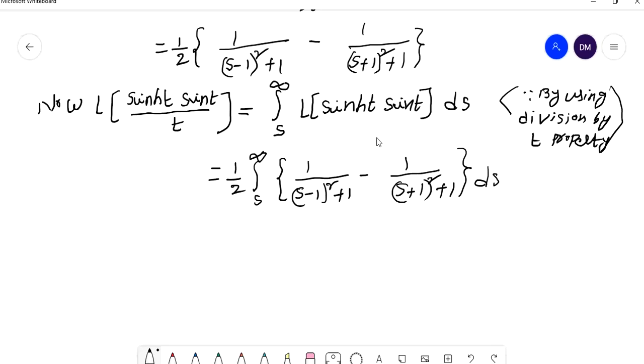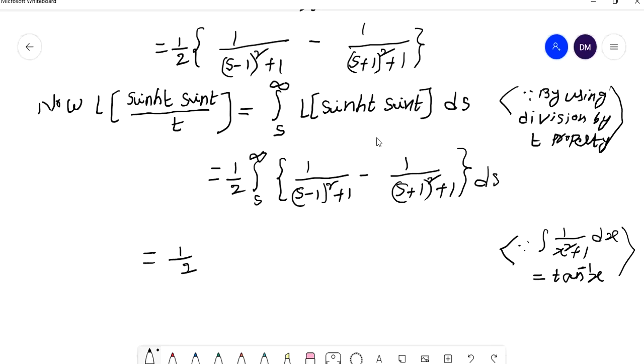So this is equal to 1 by 2 into, now this integral is in the form of integral 1 by x square plus 1 dx. What is the formula? Integral 1 by x square plus 1 dx is equal to tan inverse x.